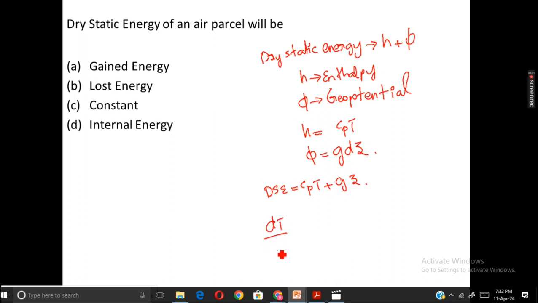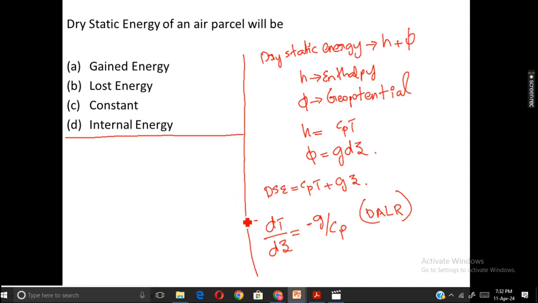In case of an air parcel, you can write dT by dz is equal to minus g by Cp. So as the parcel is moving, this is the lapse rate of the parcel. This corresponds to a dry air parcel undergoing vertical motion.